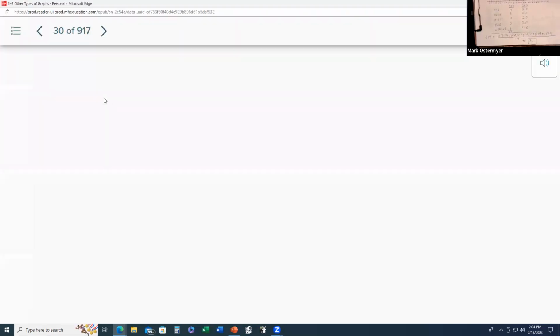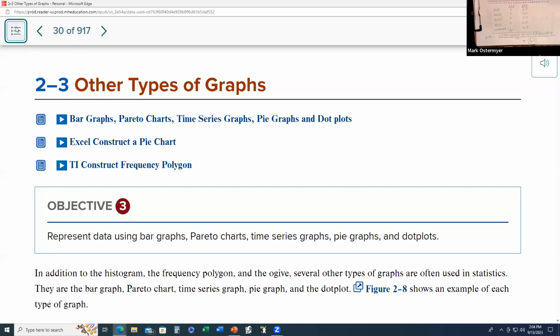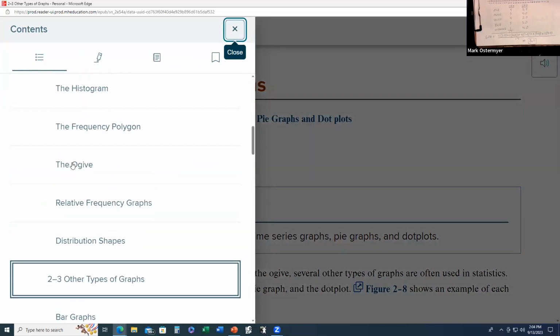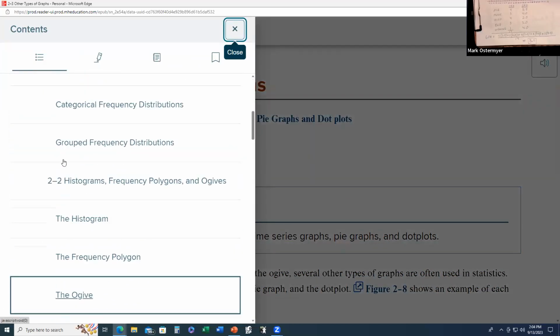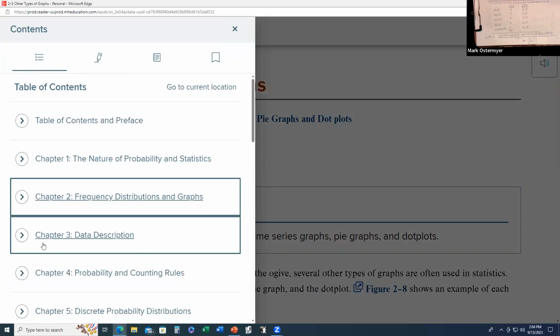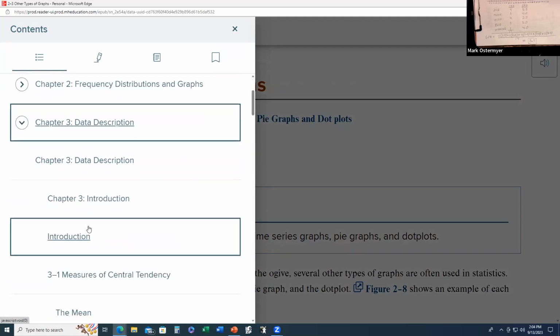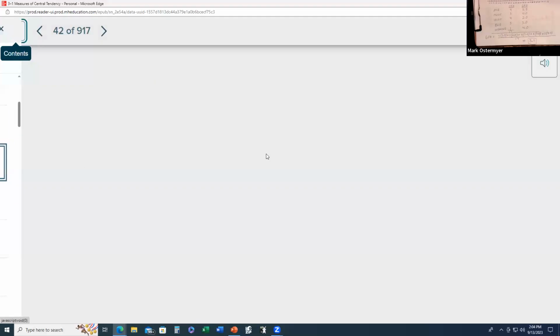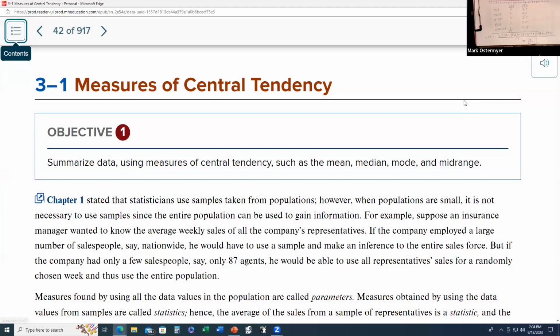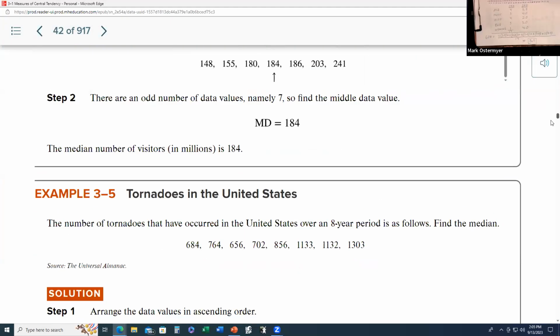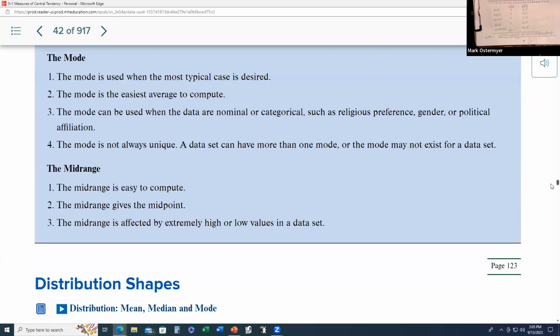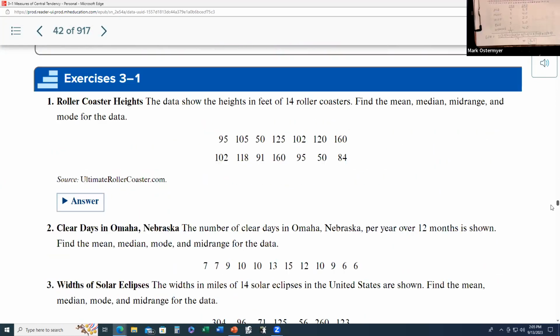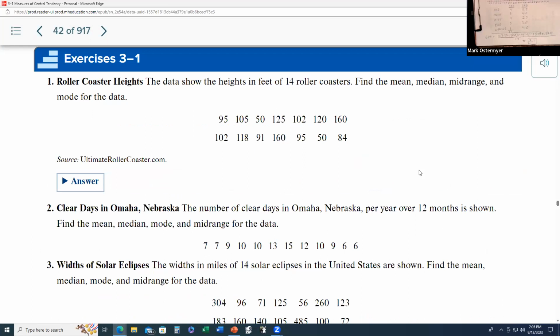So I'm going to go to section 3.1. Go down to the textbook problems down here, and let's just see if we can have a little bit of fun here.